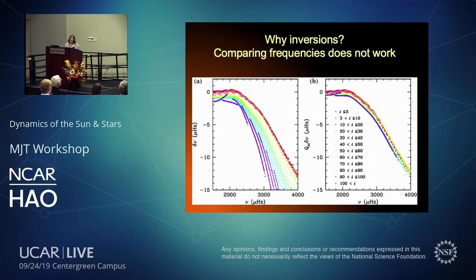We know today that all of that comes basically from a very, very thin subsurface layer, but of course, that took a while to figure out. It's the surface term, as we call it, that can really hamper learning about the sun by just comparing frequencies.